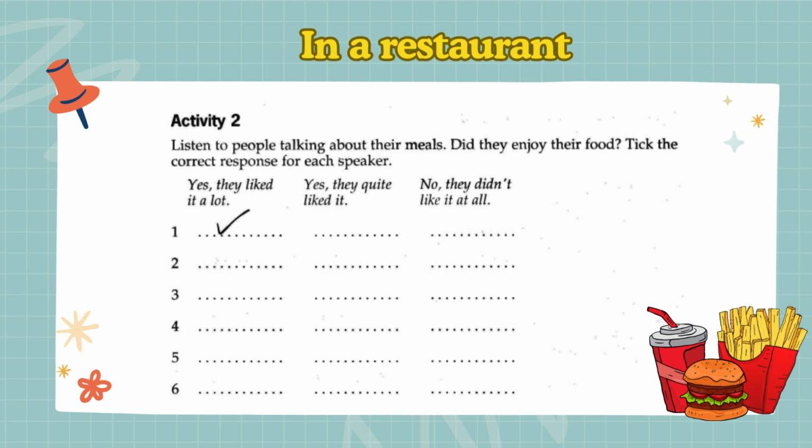This steak is terrible. Really? 5. How are the vegetables? Delicious. 6. Is the soup nice? Not bad.